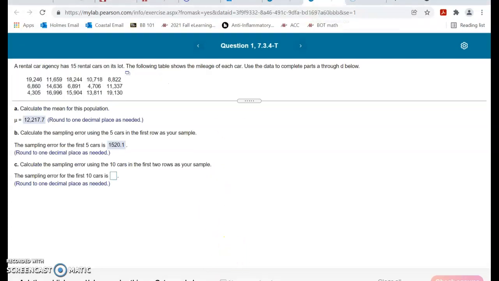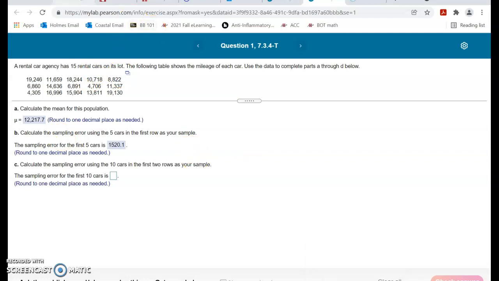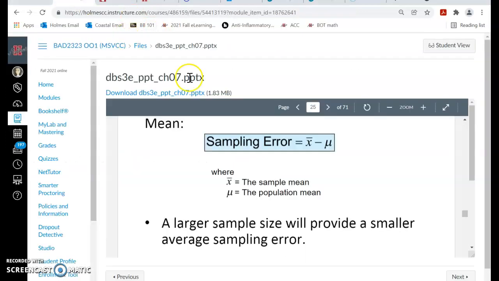Okay, so now looking at this one, I already opened this in Excel, and to calculate the mean, I know you know how to do that, but for the sampling error, I looked at the formula in the PowerPoint, and so the sampling error is just the sample mean minus the population mean.